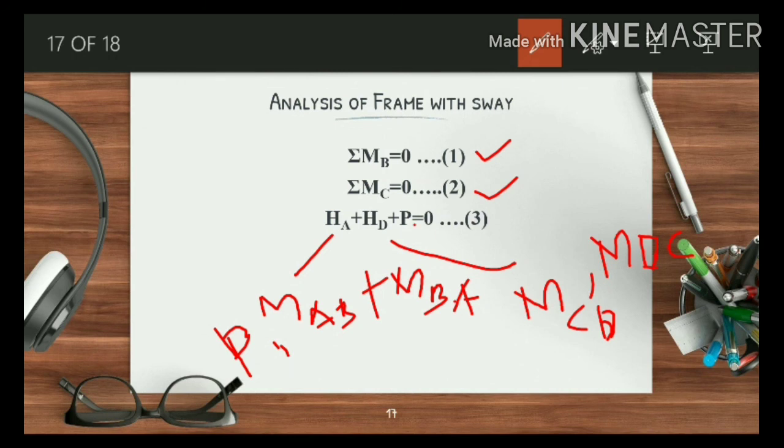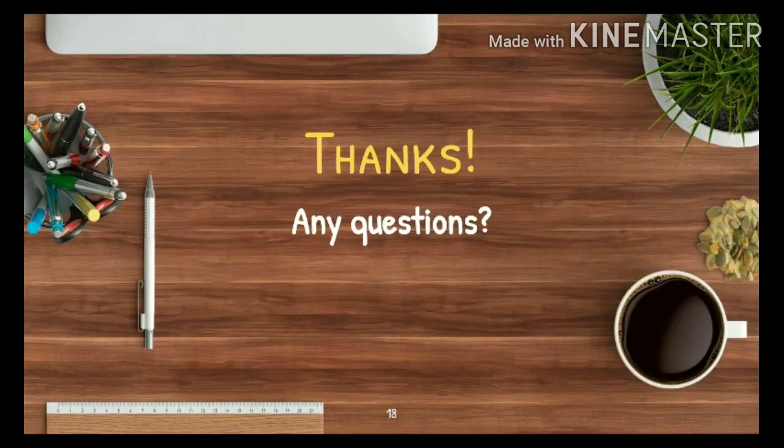P is a given value in the problem. Using these three equations, unknown theta B will be there, theta C will be there, and delta will also be there. So we have three equations with three unknowns. By solving these three equations, we will get the values of theta B, theta C and delta. So this is the procedure for the analysis of frame with sway, that is, the sway frame. Okay, thank you.